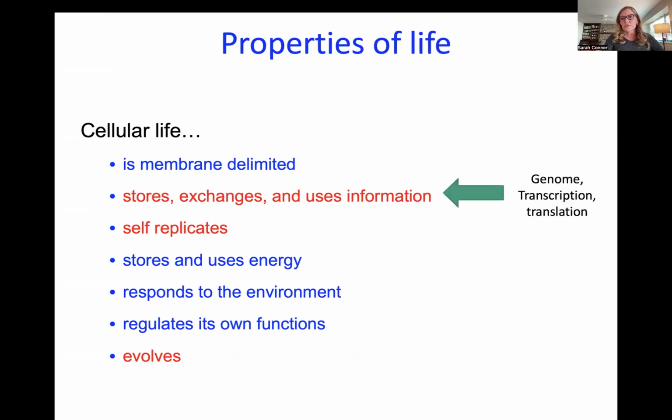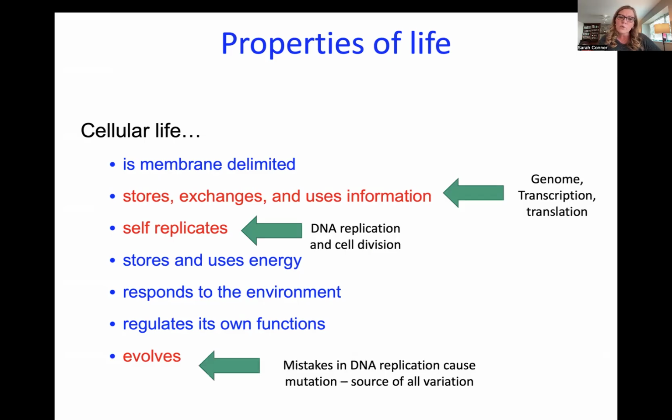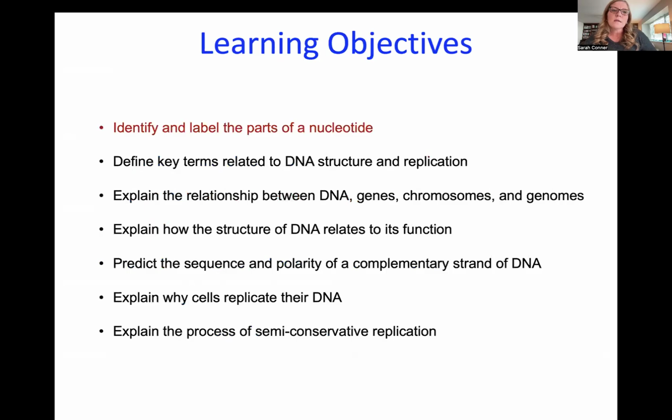So we have the genome, the transcription, the translation, the central dogma that we discuss, how DNA can replicate itself and use that replication during cell division. Then, of course, we're looking at mutations, the source of all variation, mistakes in DNA replication that cause those mutations, and again, evolving in the process.